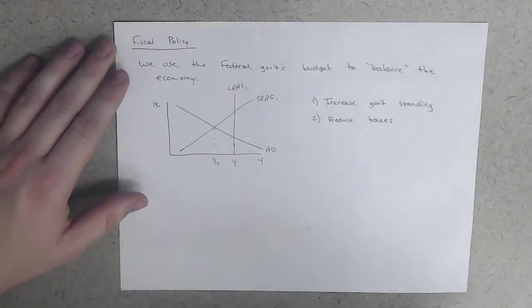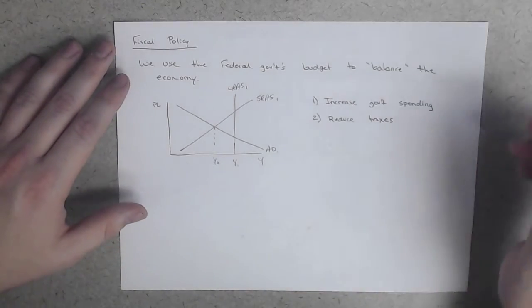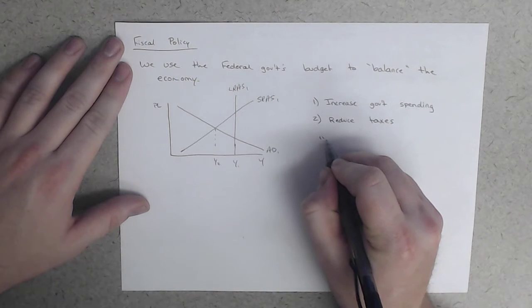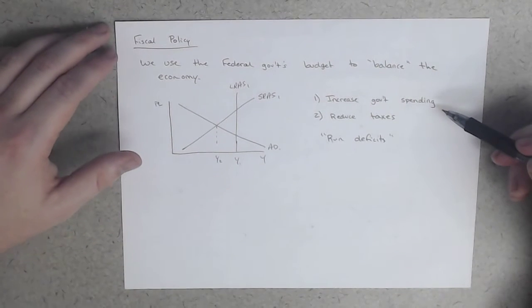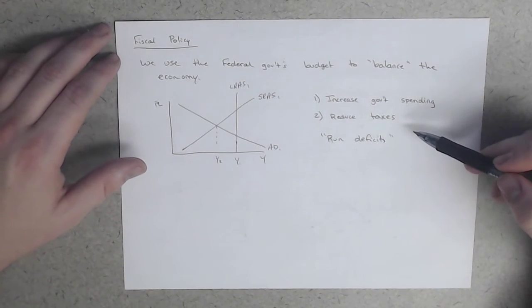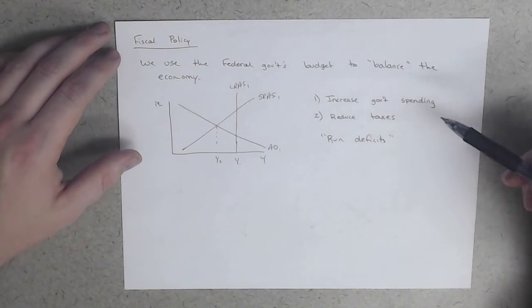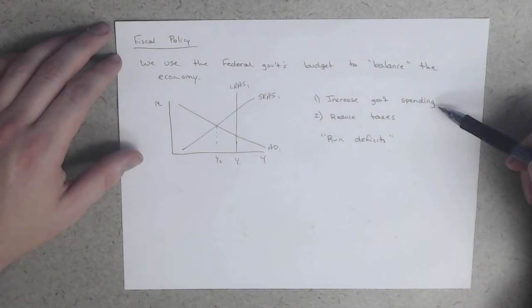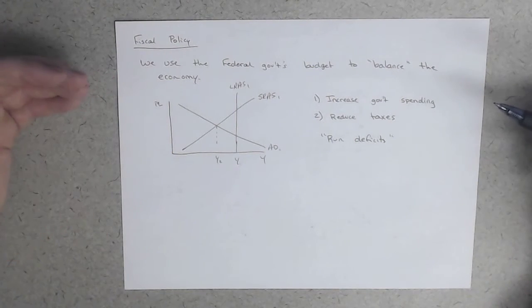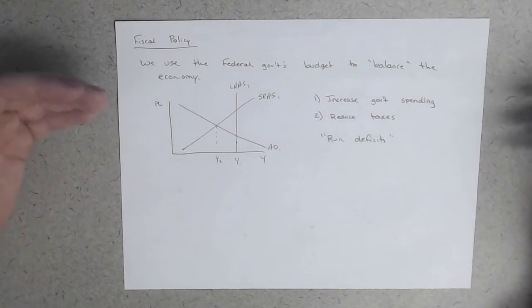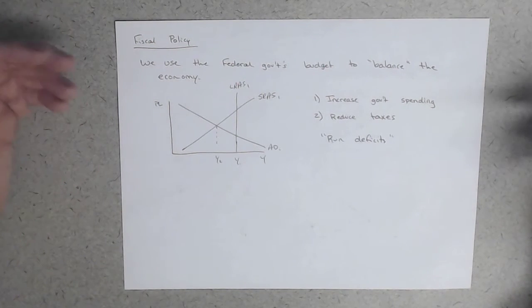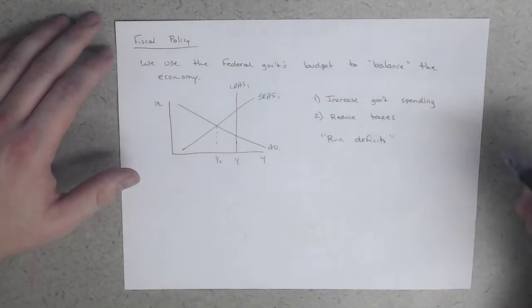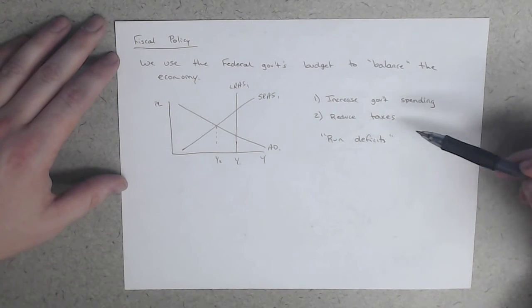One way to word this is that we can run deficits. By increasing government spending and not increasing taxes, we are running a deficit. At the same time, by reducing taxes and not decreasing government spending, we are running a deficit. This is the standard logic that people like Paul Krugman will use. They'll say this might be the time for the US government to run a deficit. We need to either increase government spending or reduce taxes.